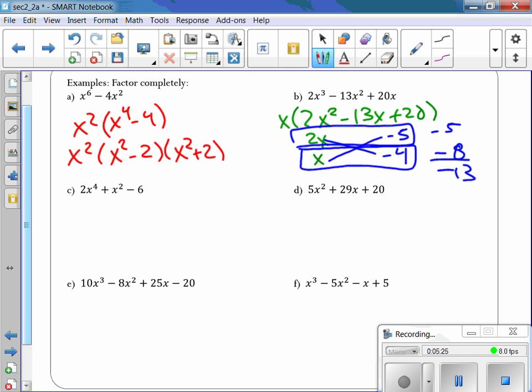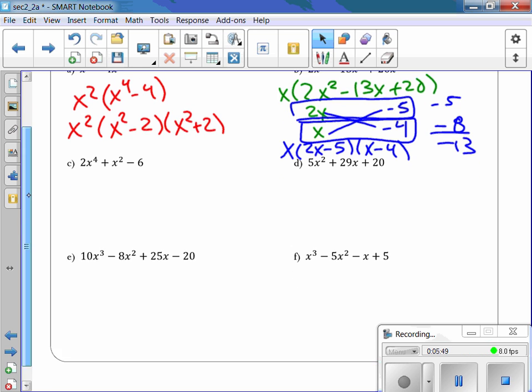We still have the x that we took out originally. Coming up with that x times 2x minus 5 times the quantity x minus 4. You do not have to solve it this way, folks. If you have another method that you use, that's perfectly fine.